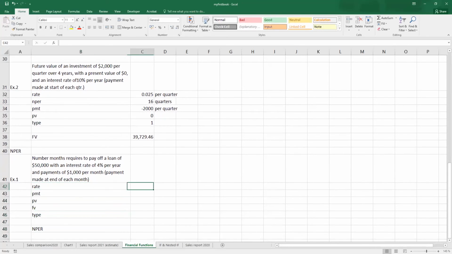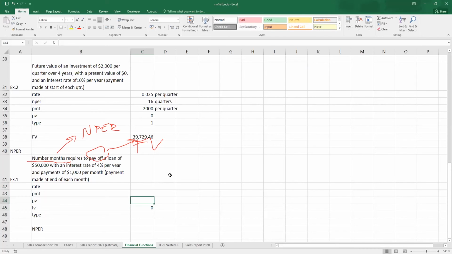Let's see this example. The first one, we want to find the number of months. In here, that means it should be NPER. So that's why I put the list of arguments like this. You would like to pay off a loan. Paying off a loan means that in the future, you have no more debt. In this one, it tells us about the FV, that it must be 0.